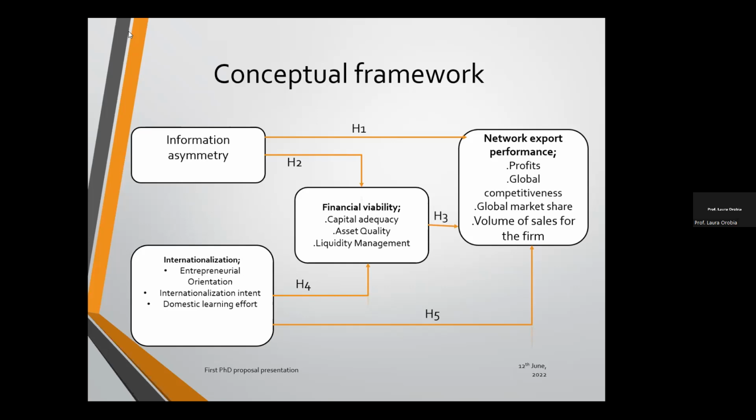Internationalization. I kept asking myself, what is internationalization? The conceptual definition of internationalization. When I look at what you have put there as indicators, to me, they seem to be predictors of internationalization, unless I'm wrong. Think about it, because entrepreneurial orientation, is it an indicator of internationalization?